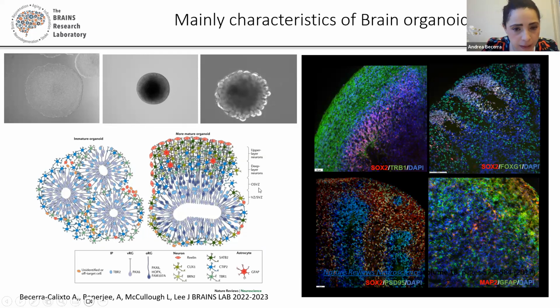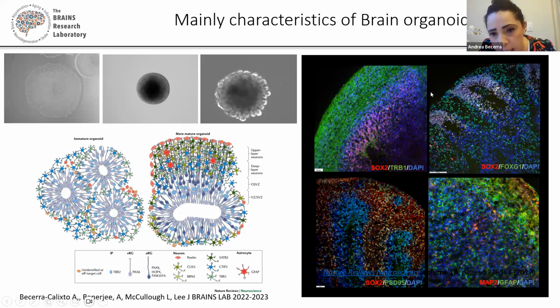This is very important because if we compare with mice or rats, these murine animals are not able to develop the outer ventricular zones. And this area in neurodevelopment is very important for the neocortex in humans.